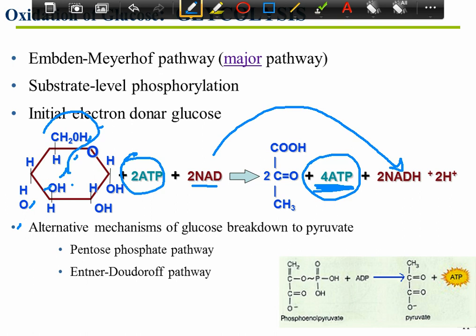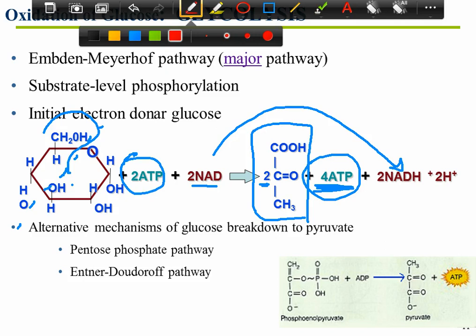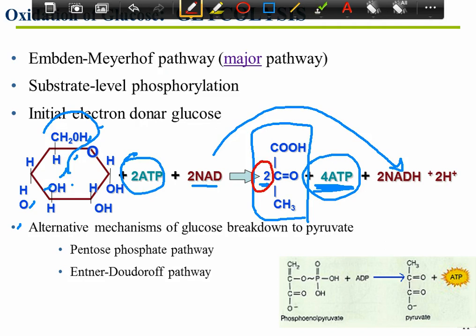Well, we've ended up with 2 of these 3-carbon molecules. These are pyruvic acids. You see 2 right there. I'm going to switch over to red. Okay, so we have 2 molecules. It's a small 3-carbon molecule. There's really not much else to say.